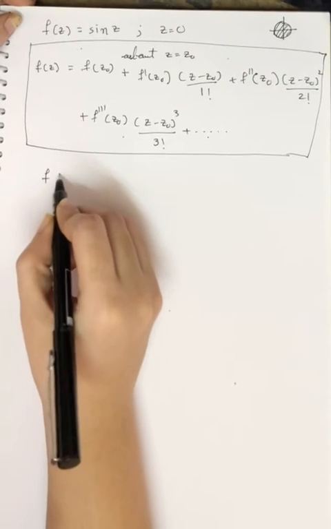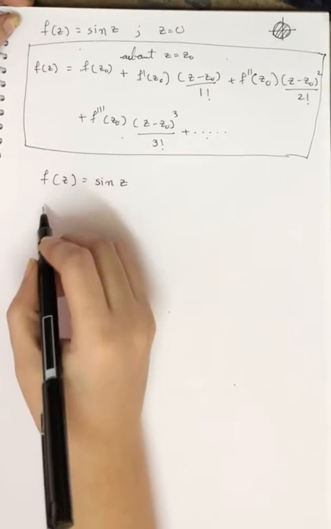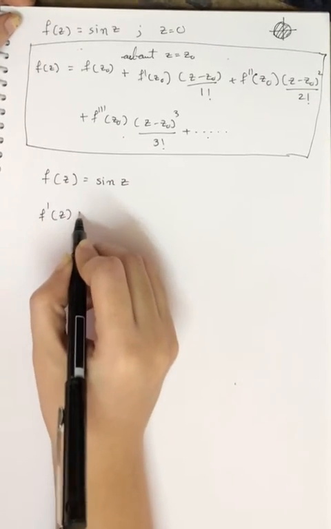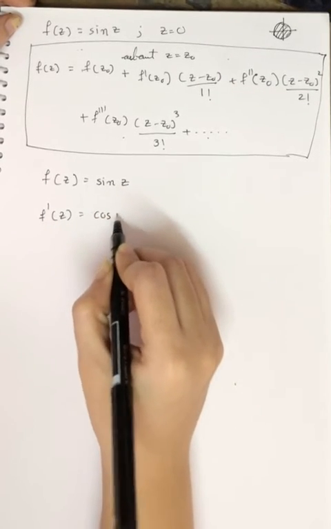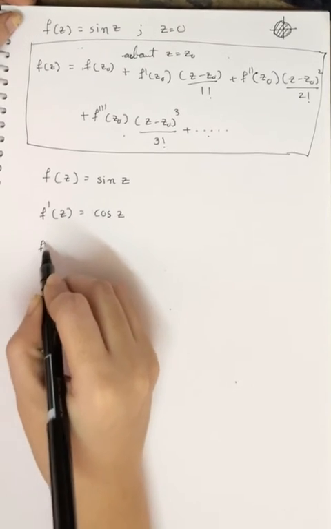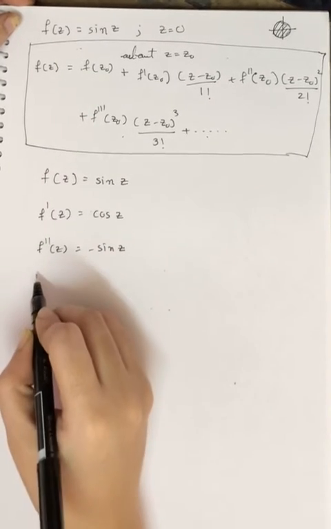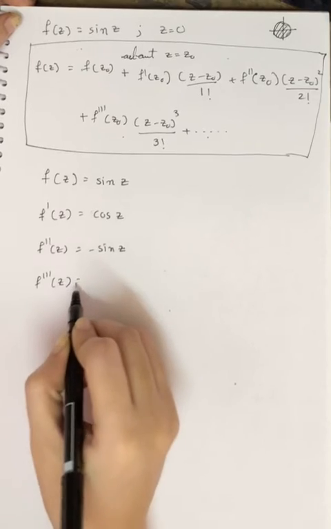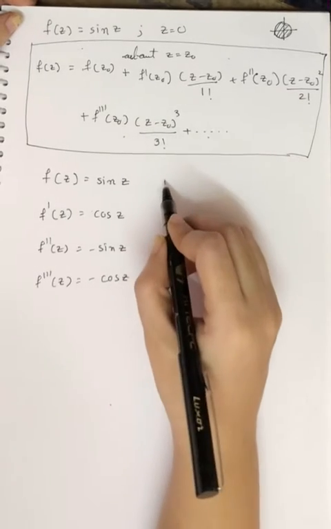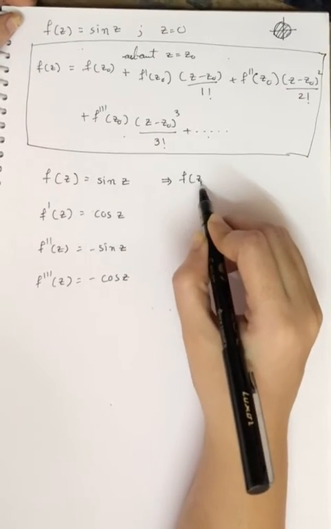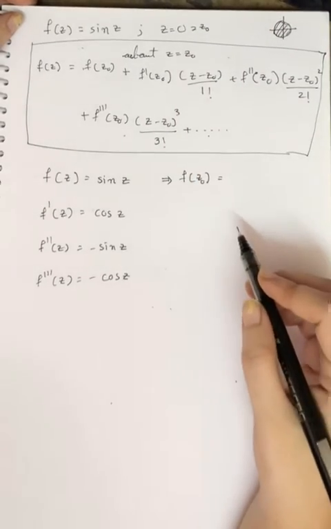Alright, so we are already given the function f of z, which is sine z. We will find f prime of z from this. So sine of z will become cos of z, the first derivative. The second derivative will be this, and the third derivative will be this. Once we have these functions, we can always find them at a particular point. Here the particular point is 0.